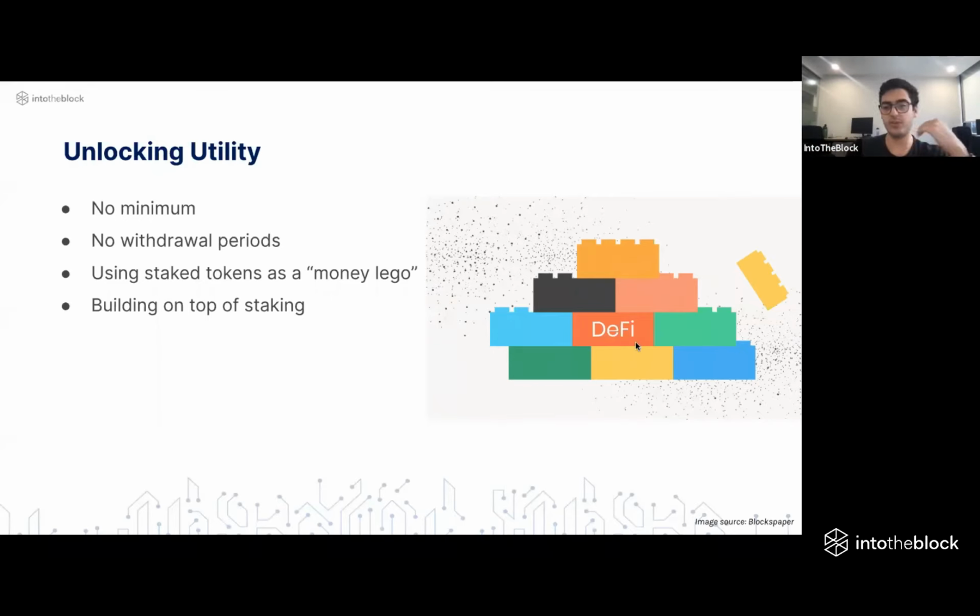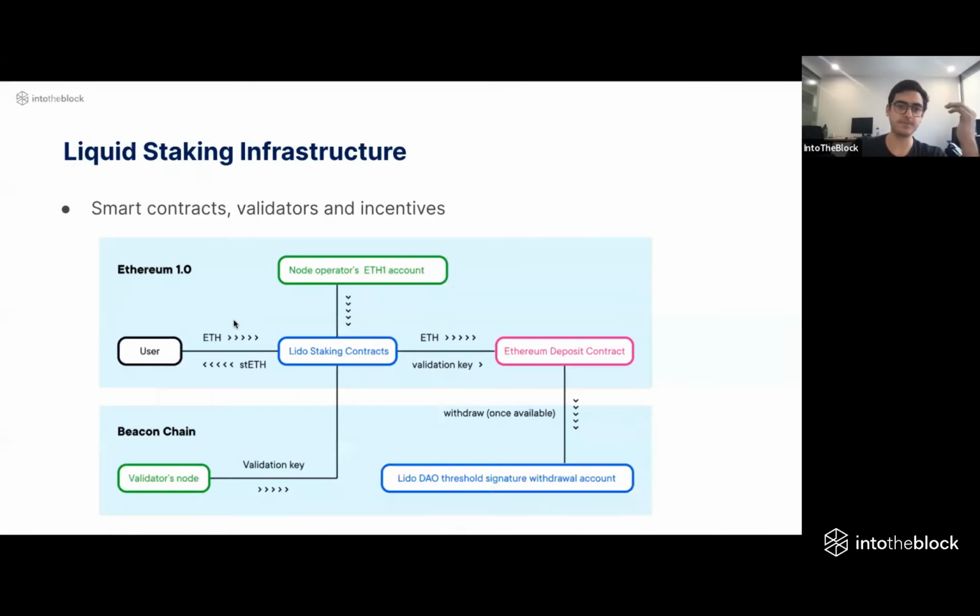For instance, with staked ETH, you can deposit that token into MakerDAO, and while you generate yield, you can also take a loan with it. So you're simultaneously earning yield to repay your loan and getting extra cash that you can use for essentially whatever you want. And there are plenty more applications being built on top of staking.